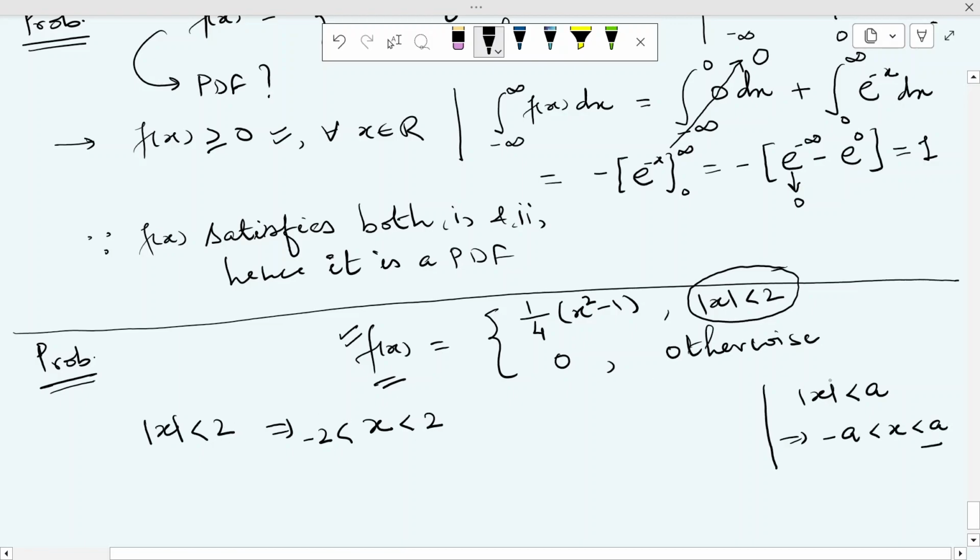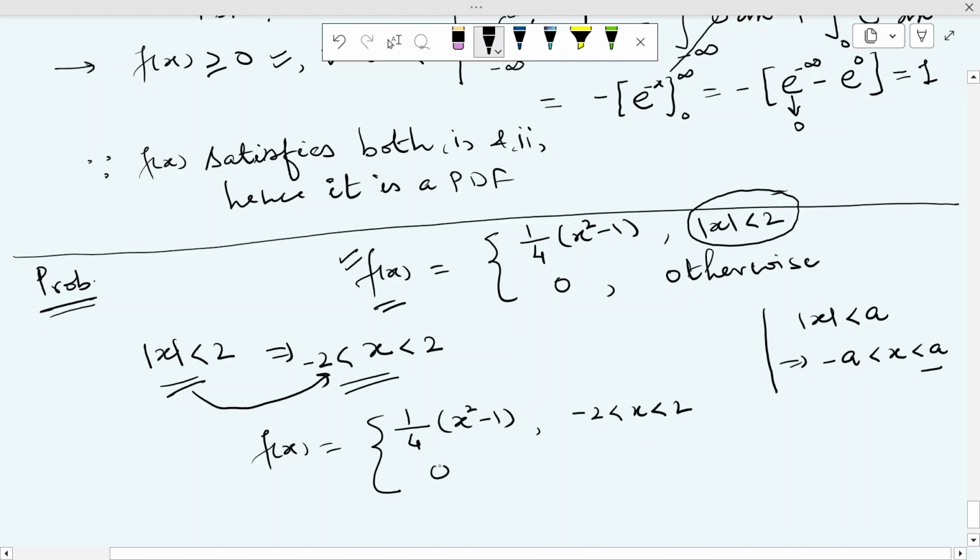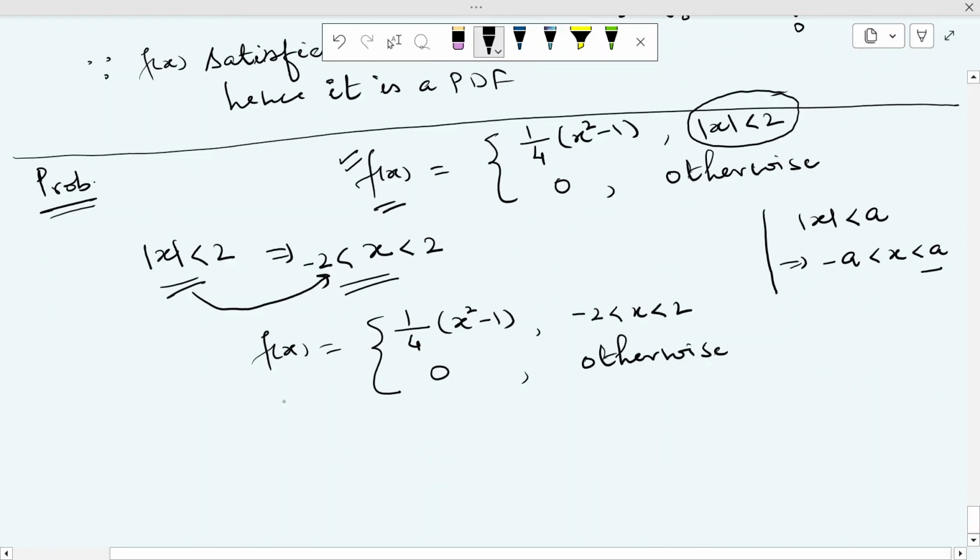Here if you replace a by 2, you will get this. So you will obtain f(x) as 1 by 4 x square minus 1 for minus 2 less than x less than 2, and it is 0 otherwise. Okay. So this is how we have this definition.